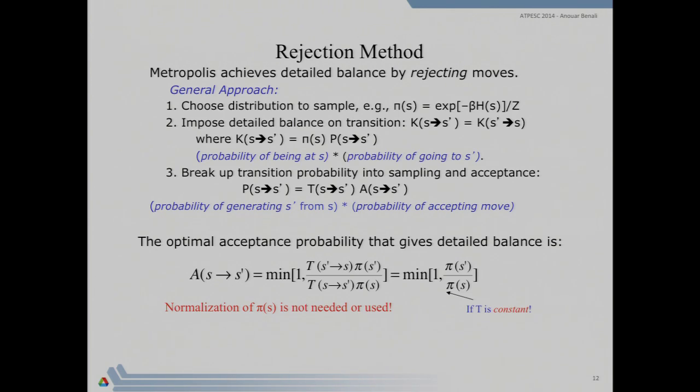And we're going to impose the detailed balance transition that will allow us to either go back, if we can go back, or not. And here, basically, it comes back to we can break up this transition probability by adding a transmission and an acceptance, and then we have the optimal acceptance probability that is going to be given by this formula here. So this defines our acceptance rate.